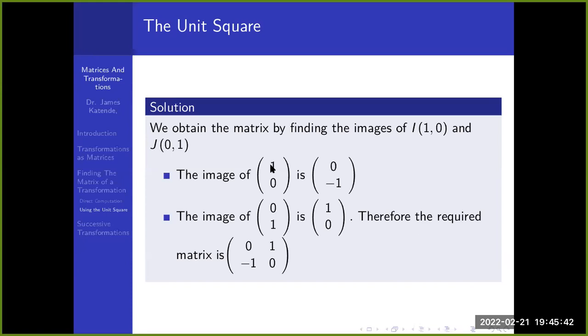Under this transformation, the negative quarter turn, 1, 0 will be sent to 0, negative 1, and 0, 1 will be sent to 1, 0. These two images of 1, 0 and 0, 1 are what form the columns of our matrix of transformation. So the matrix of a negative quarter turn will be 0, -1, 1, 0.